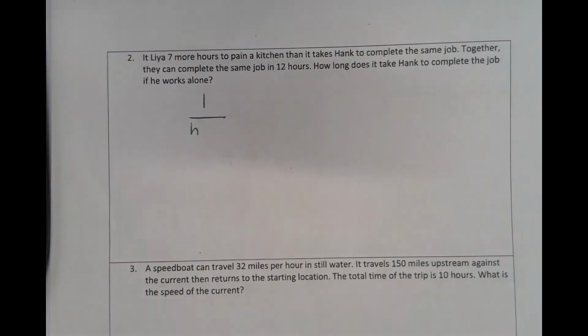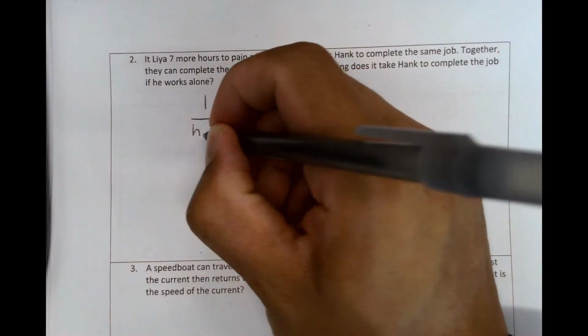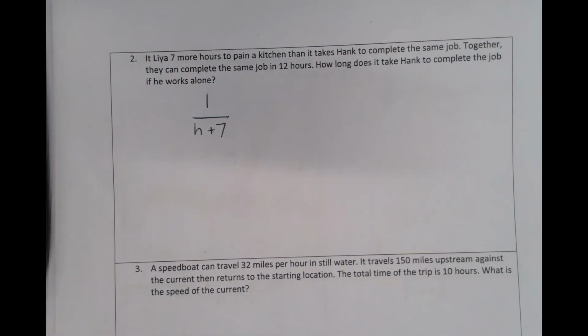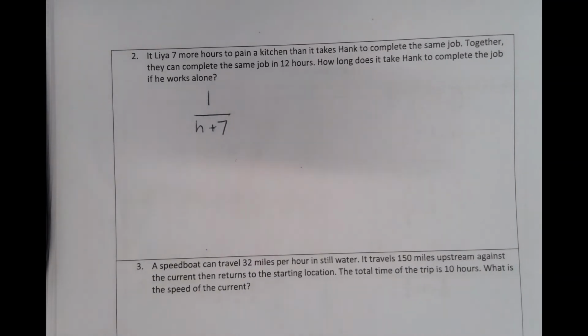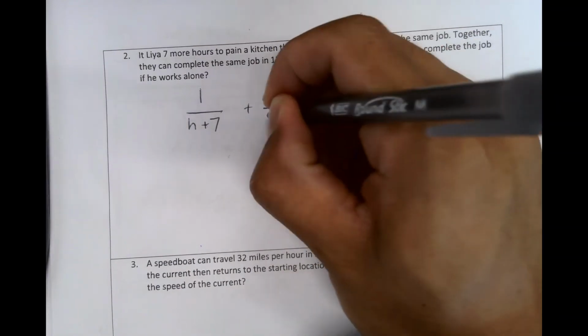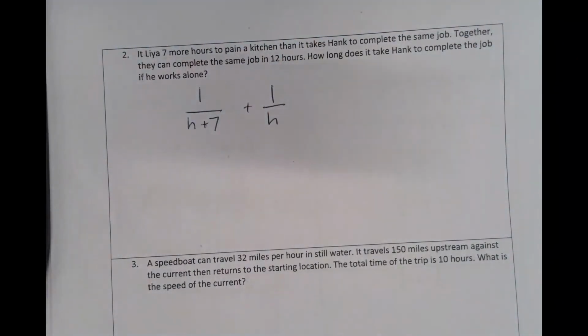So she takes the same amount of hours as Hank plus 7 hours, right? If Hank takes 1 hour, she takes 8 hours. If Hank takes 2 hours, she takes 9 hours. We know that they can work together, so, well, Hank moves at Hank's speed, which is just h.